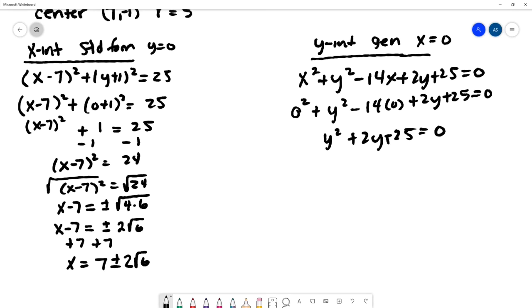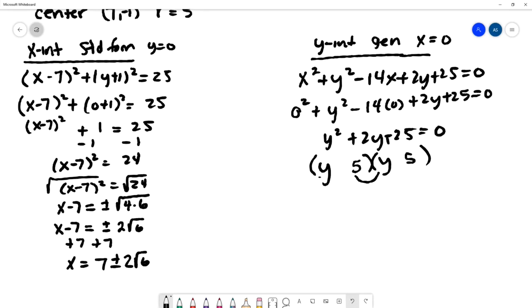If you're trying to solve this quadratic equation, I typically will try to factor first. So y times y is y squared. 25 has factors of 5 times 5, but 5y and 5y is not going to give you the correct middle term, so that's not going to work.